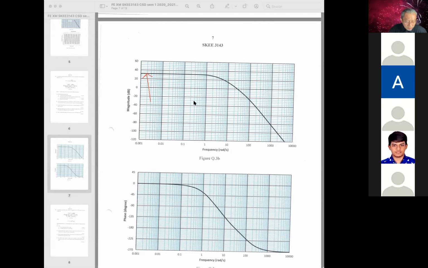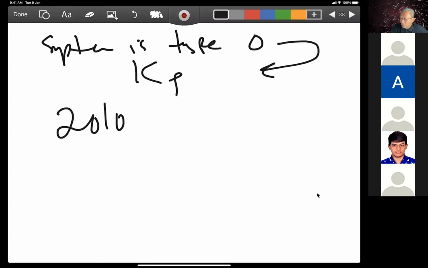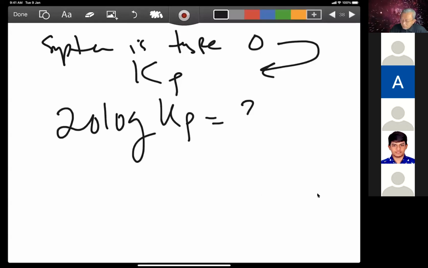Someone wrote in the chat type 0. 20, 24, 28, 32, 36, 40, meaning that this one is 32. So at the initial, 20 log Kp is equal to 32 decibel.